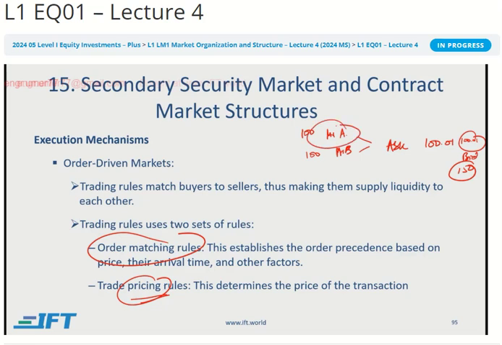So depending on who put their order first in terms of timing, right? If Mr. A was first, first his shares will be sold, and then only 50 of Mr. B's shares will be sold, since this order is only for 150. So that entire order will be executed. Mr. A will sell all of his shares, but Mr. B will still have 50 shares remaining because he was late.